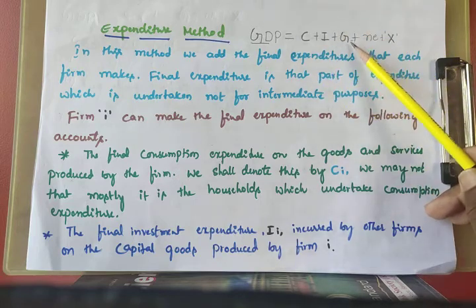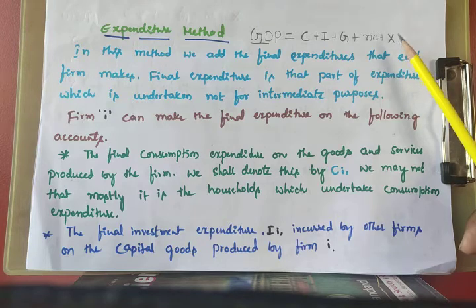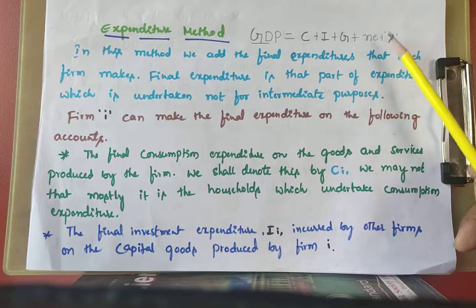And net X means exports minus imports, X minus M, we deduct the imports to get net X. Net means while calculating the net we deduct the intermediate goods, and also we deduct the depreciation. This is a very important formula.